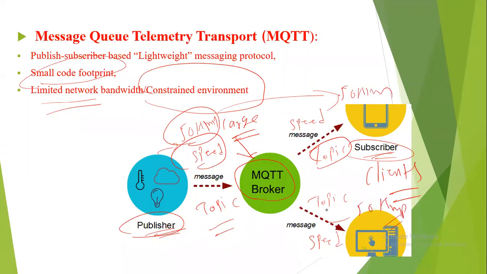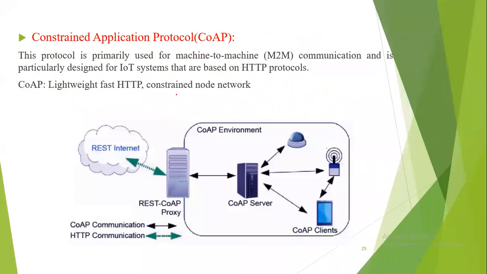The MQTT broker just checks the topic name, and for those who have subscribed to that topic, it transfers the message to them. Then another protocol is CoAP, the Constrained Application Protocol. Basically, it is again a lightweight, fast HTTP-like protocol, and again it is used in constrained node networks. I already discussed what constrained means.